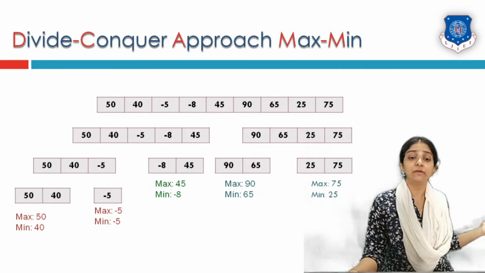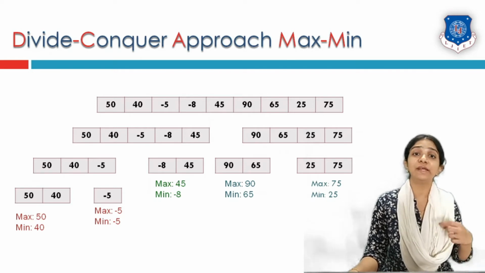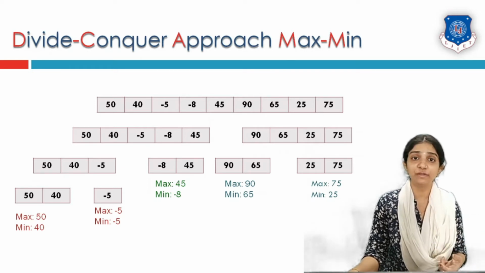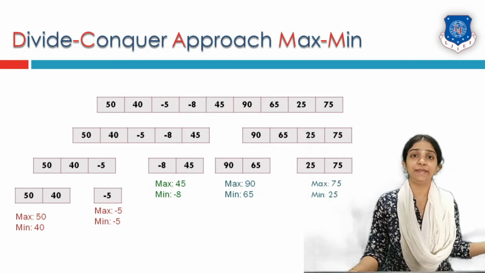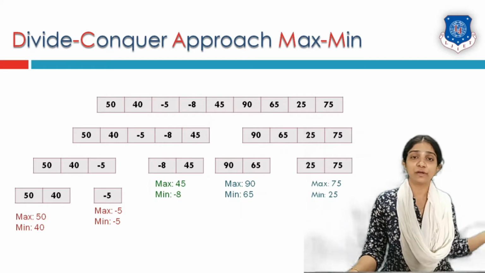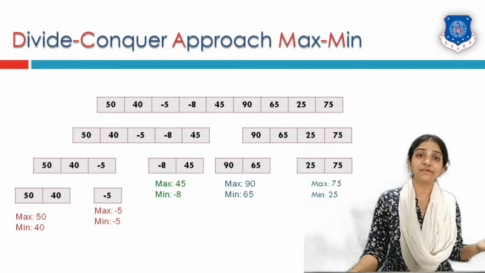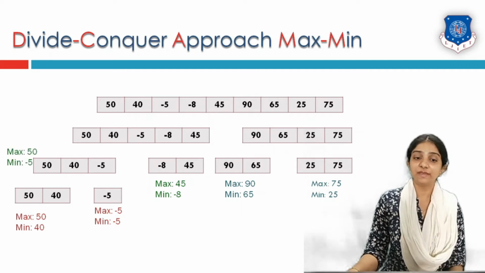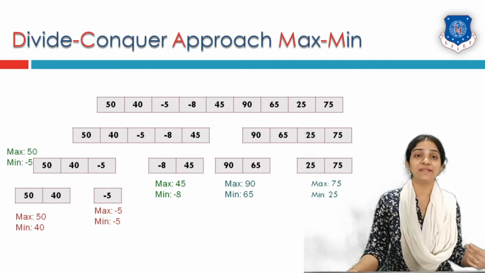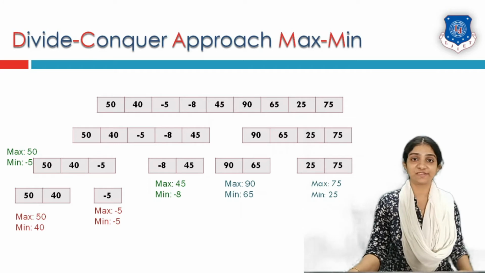Similarly, we will compare 40 and minus 5, which are the min values. Out of 40 and minus 5, the minimum value is minus 5 only. So for the upper sublist, minus 5 will be the new minimum value. So max is 50 and min is minus 5 for the upper list.